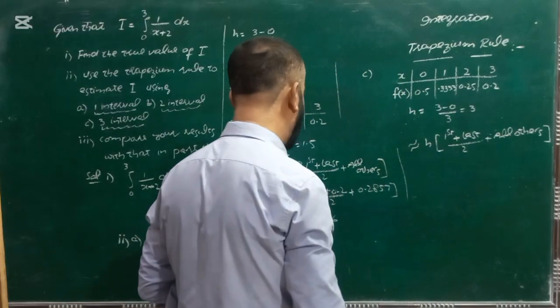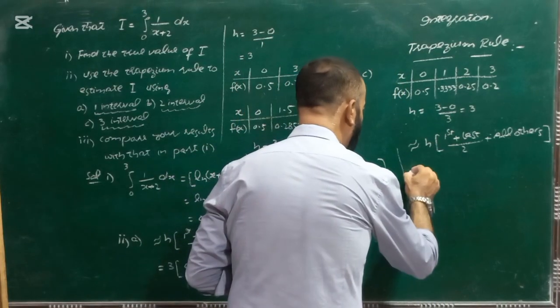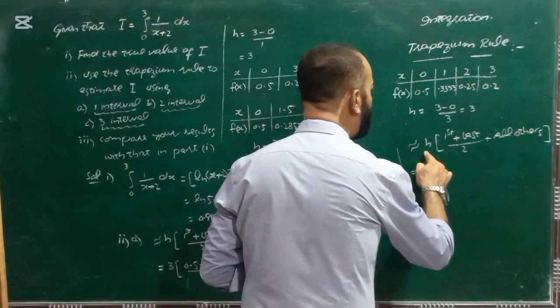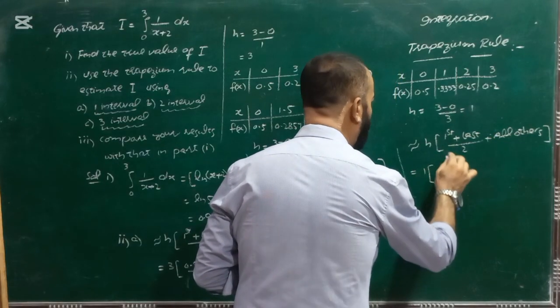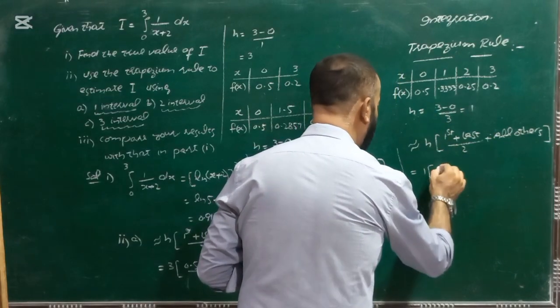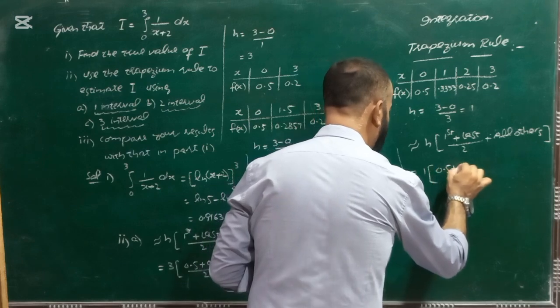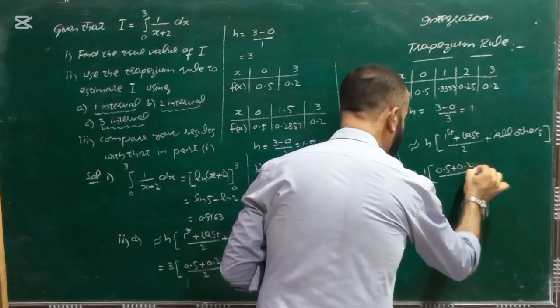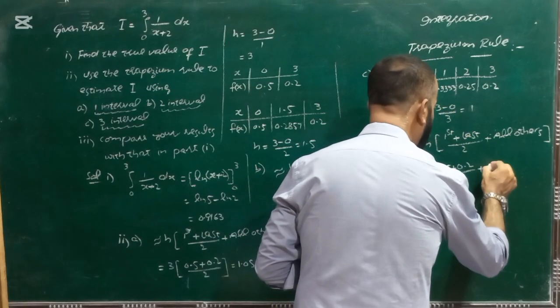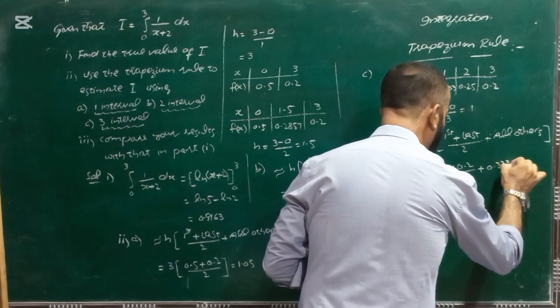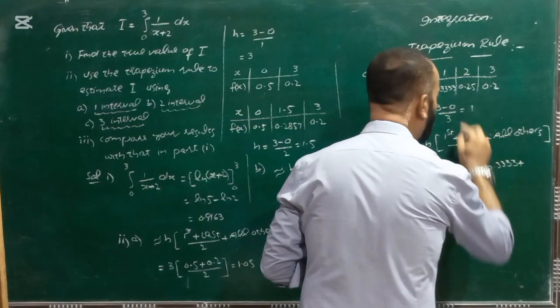So this is the formula which is placed. So look, now we are going to put the values. h is 1, first is 0.5, last is 0.2 divided by 2 plus all others. All others are 0.33 plus 0.25.